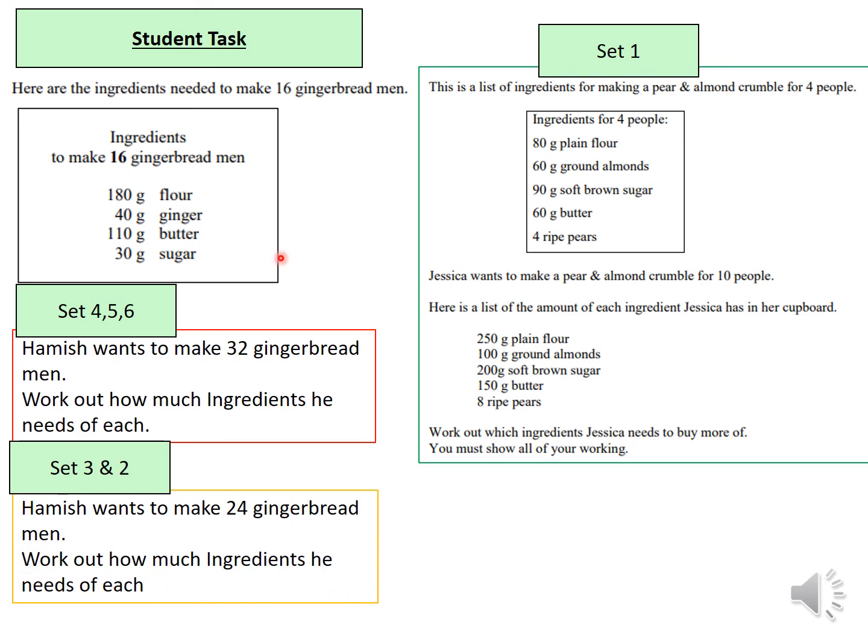To do that, you're going to need to use the ingredients listed here. And for students in set 4, 5 or 6, you need to answer this red question. So think to yourselves, students in set 4, 5 and 6, how do I turn 16 into 32? And it's a straightforward thing for that one, guys.